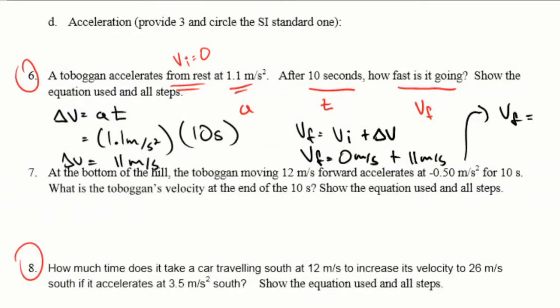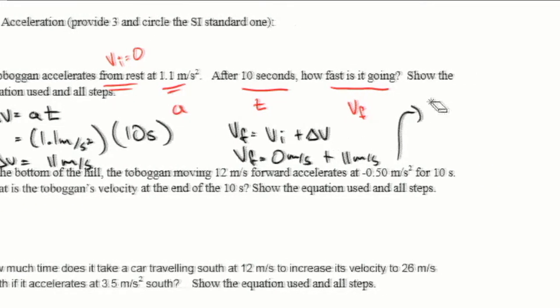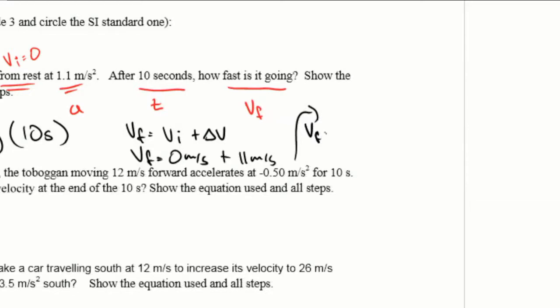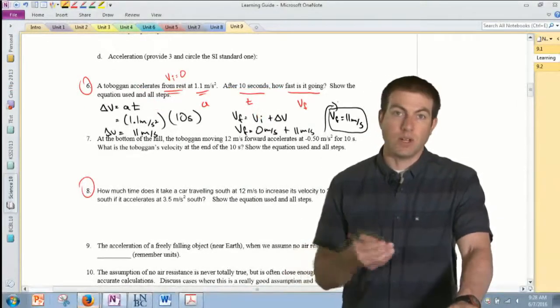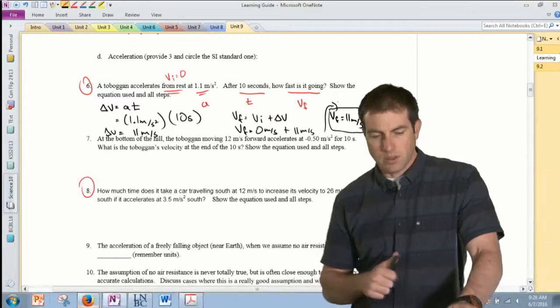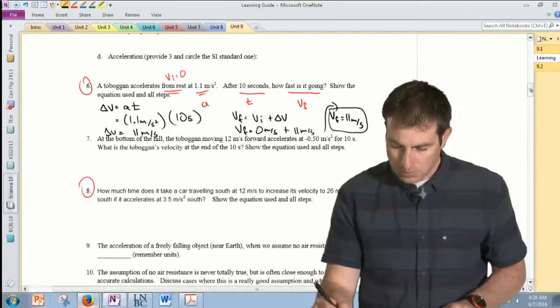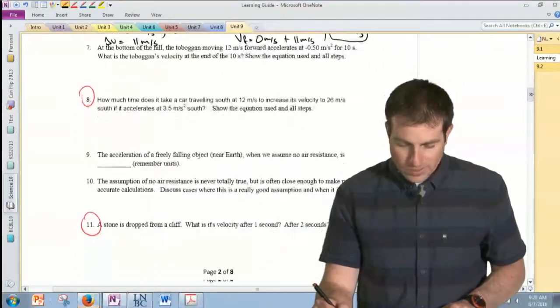My final velocity is going to be, bump that over a little bit, 11 meters per second. And it doesn't say any direction, so that's the maximum amount of information I can include there. So 2 steps. First, you need to find the change in velocity. Once you've done that, then you can find the final. Or you can just kind of think about what's happening and go from there.